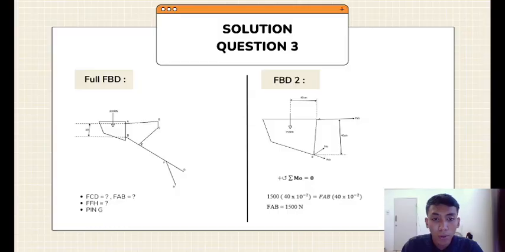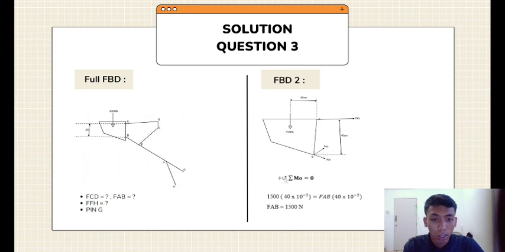About diagram number 2, we saw that we have to find the force at point AB. Now we can resolve the moment to get the force at AB. The first thing we will do is the equation of moment.